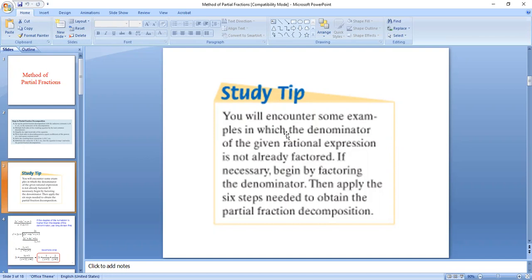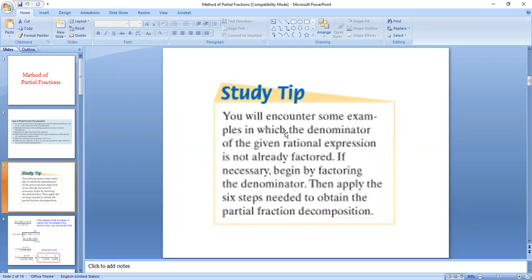In your algebra, you've learned what we mean by the degree of the equation or the polynomial. The degree of the polynomial is the highest exponent to which the variable of that polynomial is raised. So you have to make sure even before you start factoring that the degree of the numerator is less than the degree of the denominator.